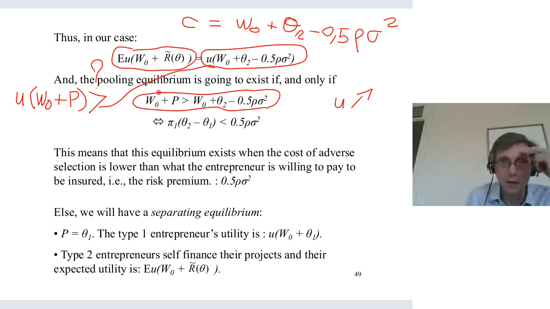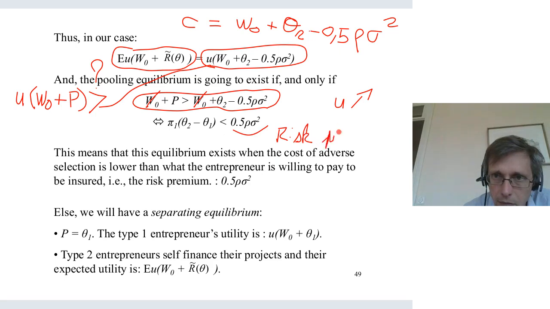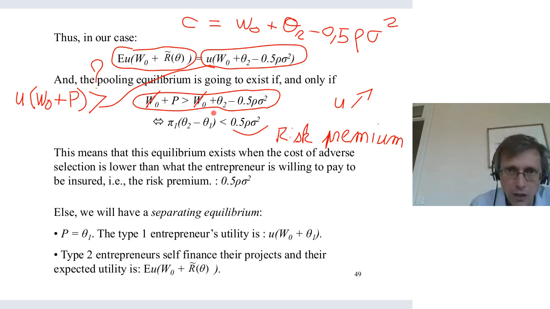And actually, we obtain a very simple expression, which is to compare the risk premium to the loss of money for a type 2 entrepreneur if he or she accepts the price P. Because the true price is theta 2 minus P, and this is equal to what is here.